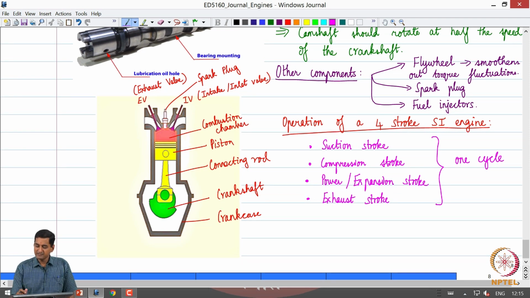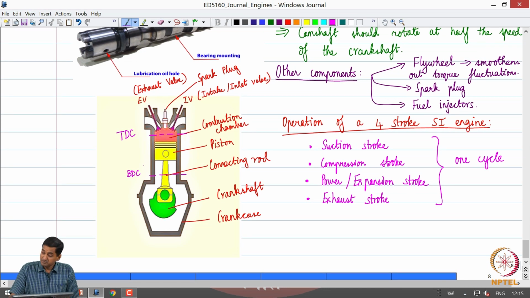So, these are the 4 strokes, and when the piston goes through these 4 strokes, we complete one cycle. If you look at this, I am just approximately marking the top dead center. We will shortly see what is called the top dead center and the bottom dead center. So, the piston moves between these two limits in the cylinder, or the combustion chamber.